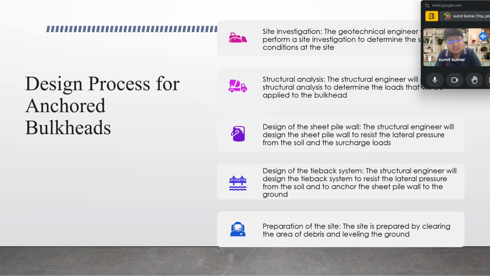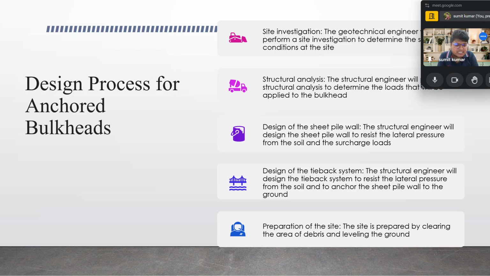Okay. Afterwards, the structural engineer will design the sheet pile wall to resist the lateral pressure from the soil and the surcharge load. Surcharge load could also be there as the bulkheads are installed. Afterwards, the design of the tieback system takes place. As we have already said, tieback systems are used for the cantilever bulkhead, and there are two types, active and passive.